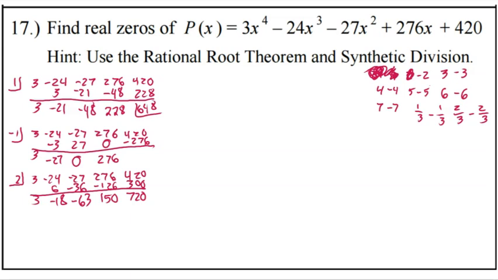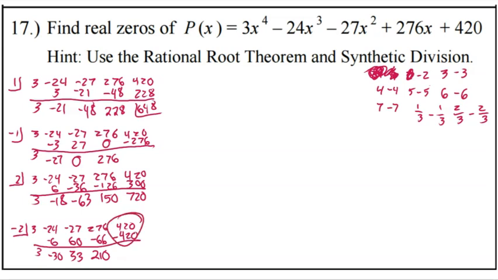Now we'll try negative 2. Negative 2, do a 3, negative 24, negative 27, 276, 420, draw a line, bring down the 3, times negative 2 is negative 6, plus negative 24 is negative 30, times negative 2 is 60, minus 27 is 33, times negative 2 is negative 66, plus 276 is 210. 210 times negative 2 is negative 420, plus 420 is 0.